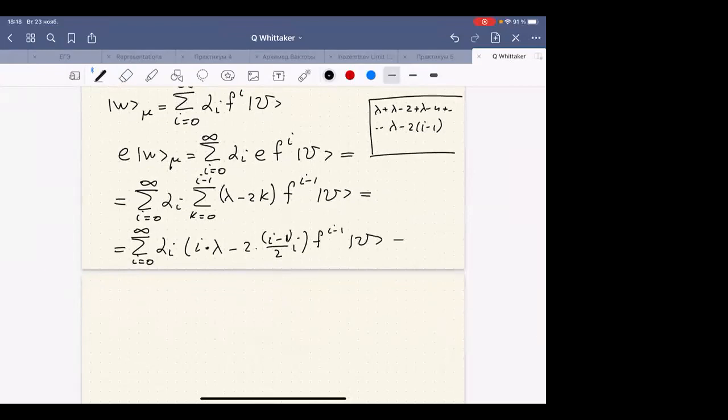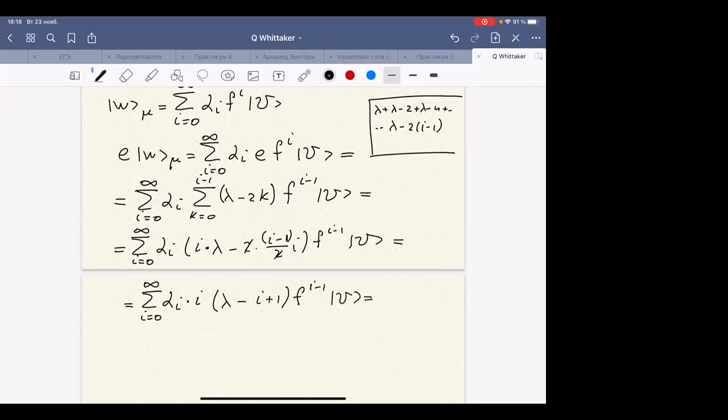Yes, I think it is correct. So here, I times lambda minus I plus 1.